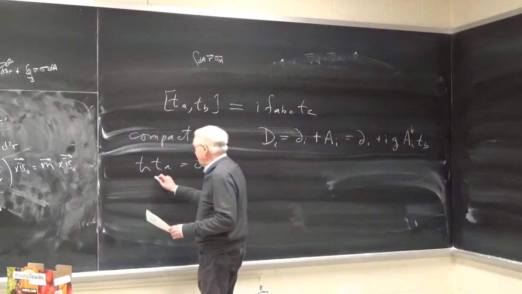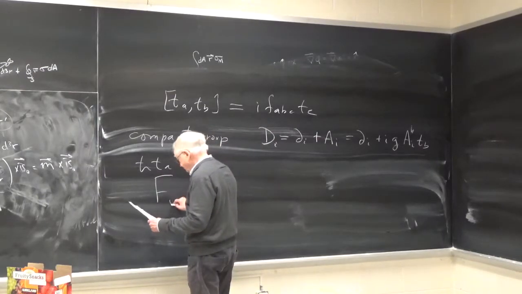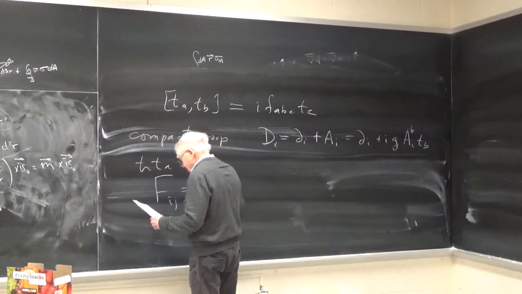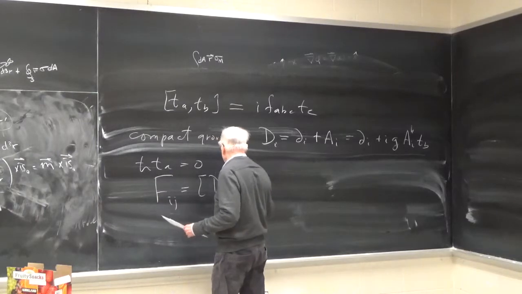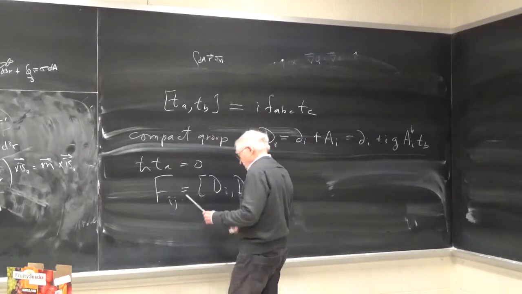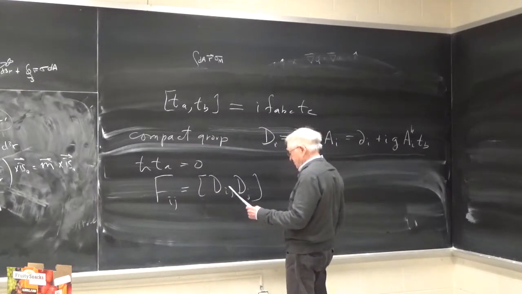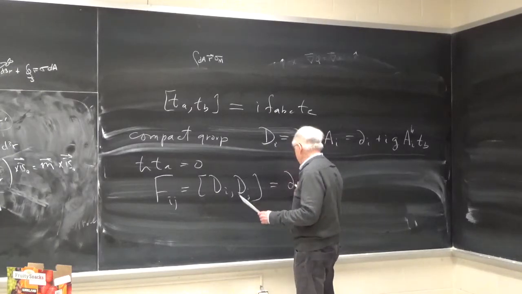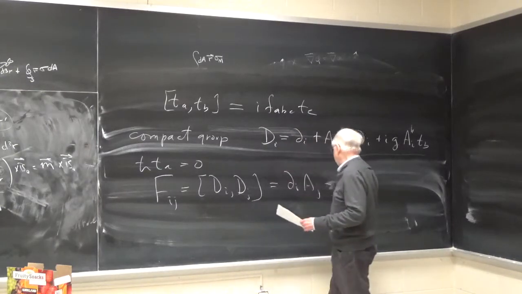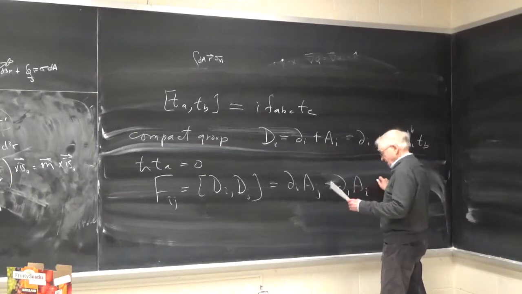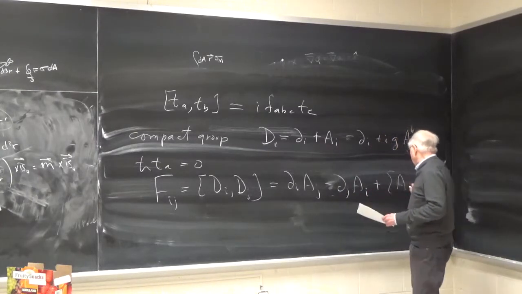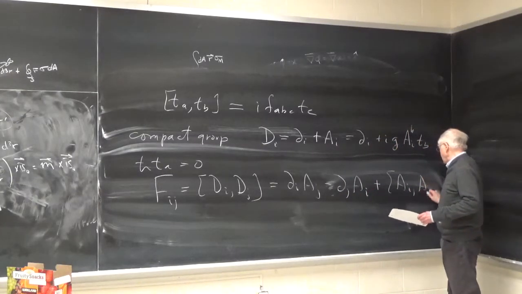The Faraday matrix, as you know, is a commutator of D_i with D_j, a commutator of two covariant derivatives. And so this is D_i A_j minus D_j A_i plus the commutator of two gauge fields.